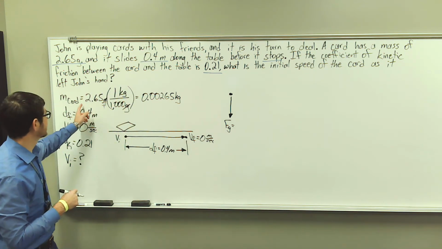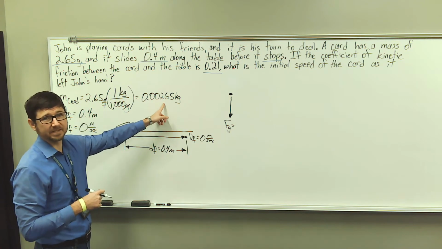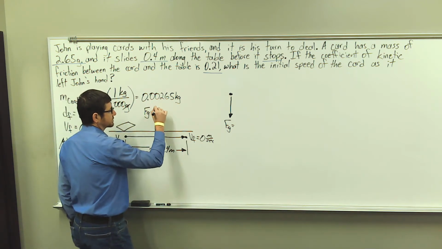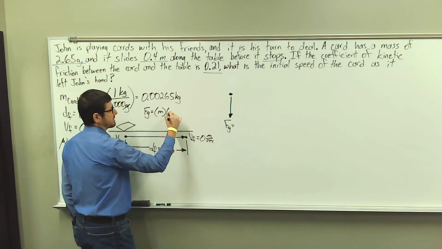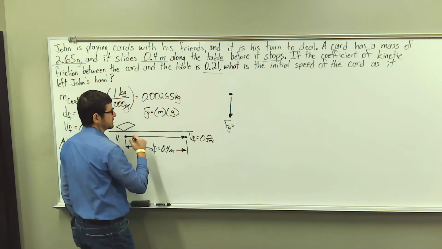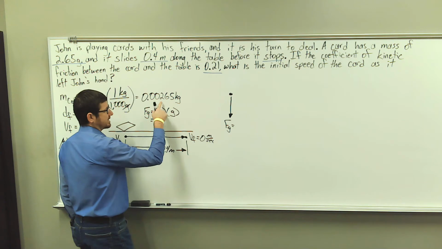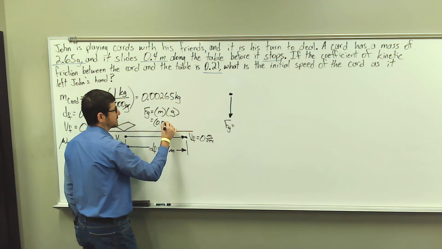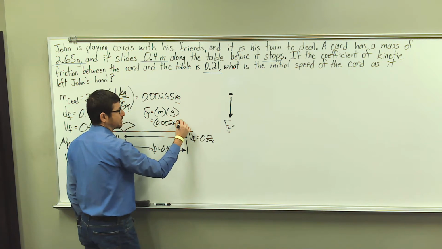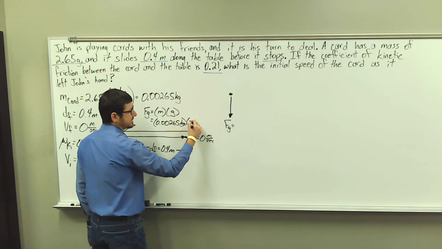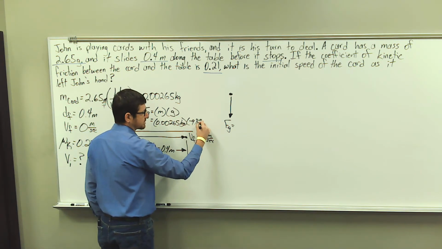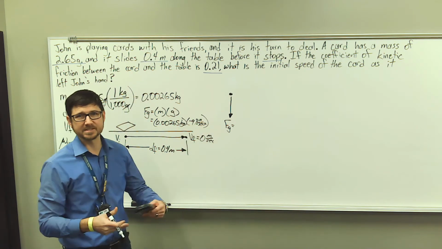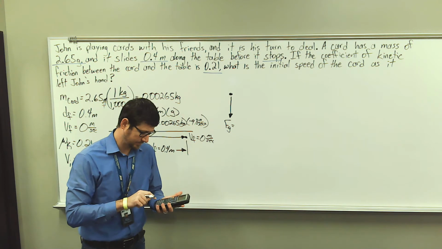We are given the object's mass, and we know that the weight force is equal to the product of the object's mass and the acceleration due to gravity. So the mass, we have this in kilograms, it must be in kilograms, 0.00265 kilograms, multiplied by negative 9.8 meters per second squared. Okay, so everyone needs to take out their calculator.